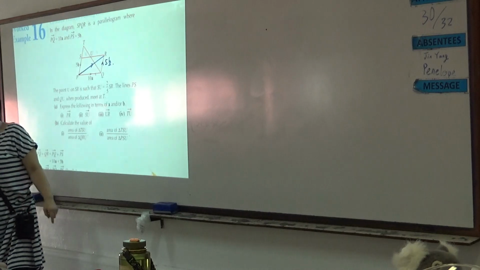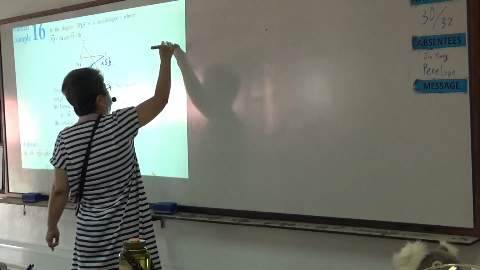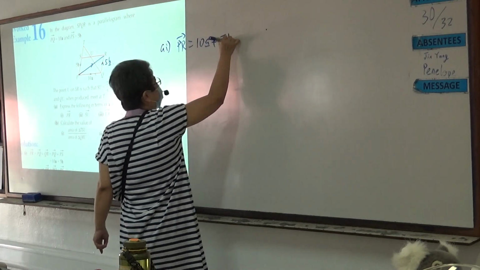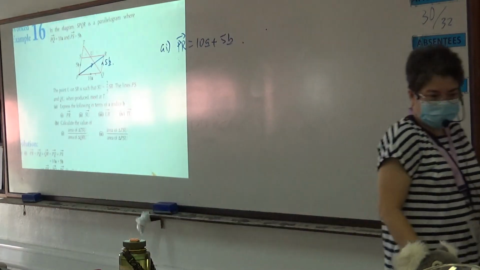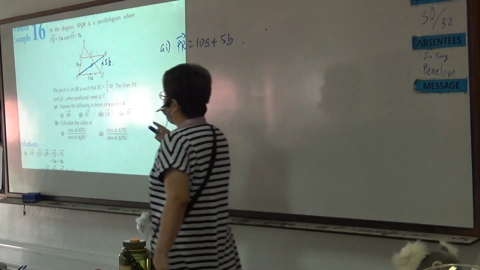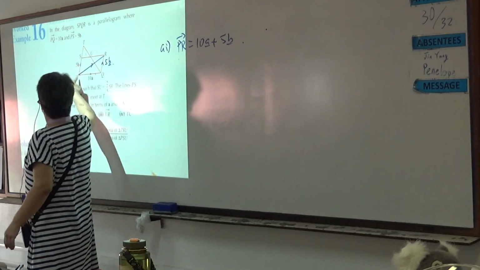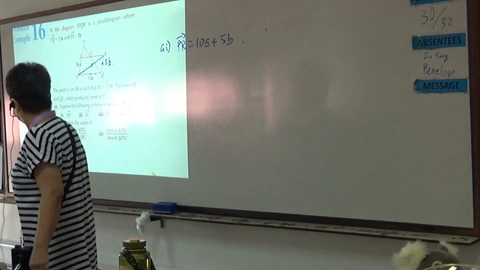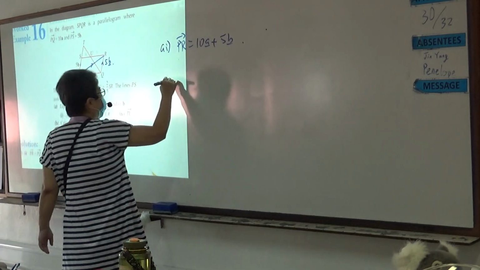So part 1: PR is actually 10A plus 5B. Is everyone clear? Now, some people will tell me, I don't want this, I want it like that. 5B plus 10A, the same. Okay? Next, part 2.